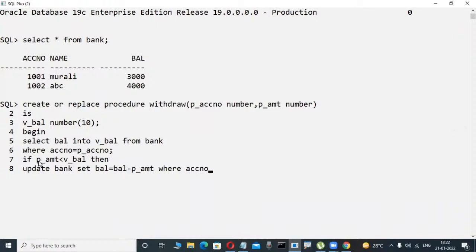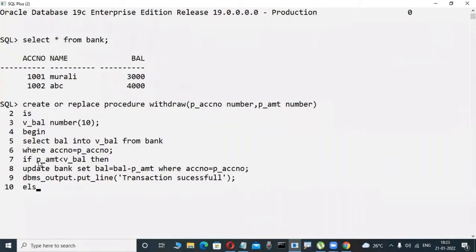Okay, fine. Now check it out. Some coding is there. Here I am writing a message, same like in Java or .NET. I try to display a message: your transaction is successful. Don't worry about this one, just observe it here.